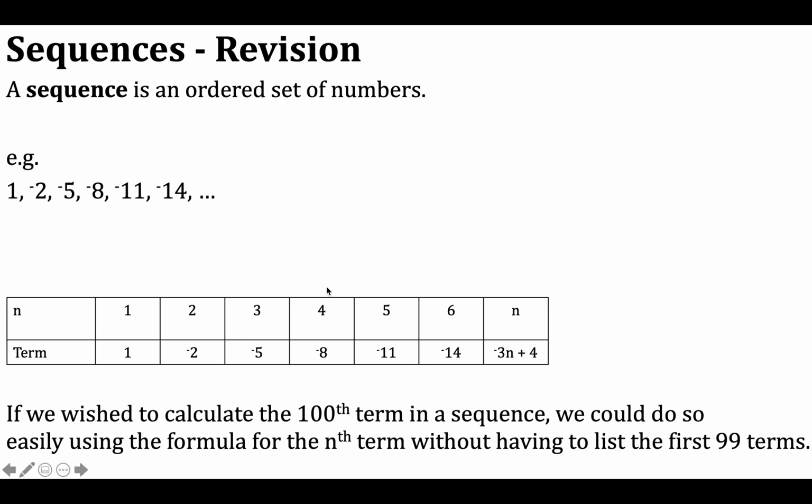If I just wanted to know the fourth term in that sequence, and I had this formula, then I would be able to get to -8. If I wanted the 100th term, that would be -3 multiplied by 100 plus 4, which is -296. I didn't need to know all of these terms in order to get the 100th term. So that's what we've learned before in linear patterns.